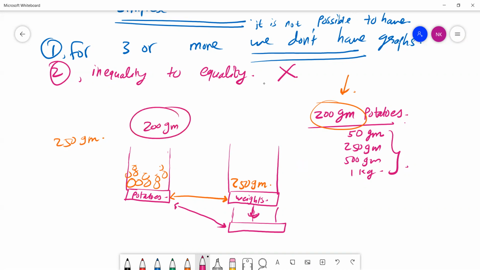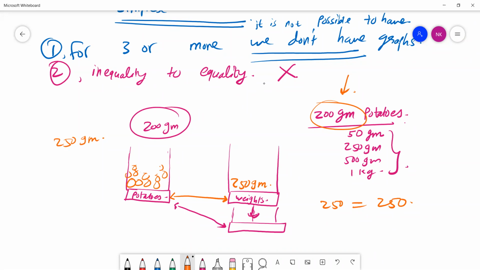So are you all agreeing with this particular situation? What can be the disadvantage of this situation? We are looking into 200. First of all, what we did was the balance: 250 gram equal to 250 gram. On both sides, we maintained the same equality level for the potatoes and the weights.